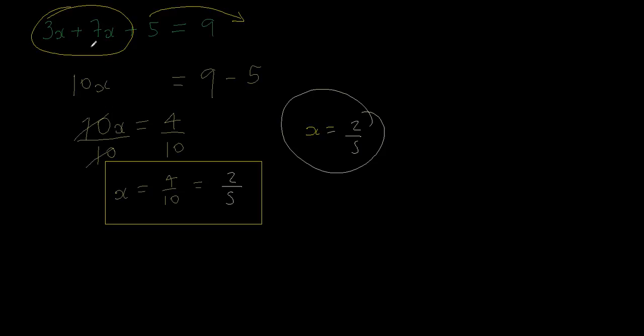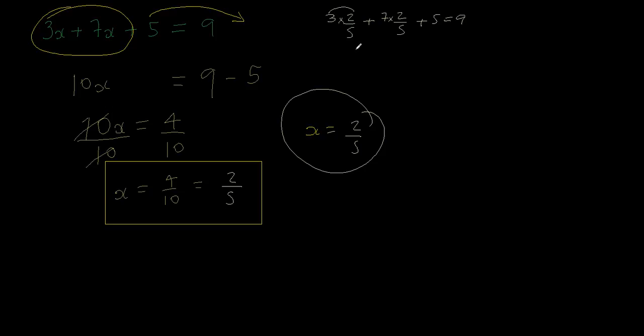This equation makes sense. And you can confirm that this is true if you rewrite 2/5 for x here, so then you get 3 times 2/5 plus 7 times 2/5 plus 5 is equal to 9.